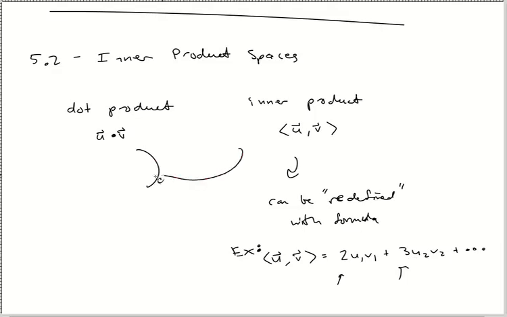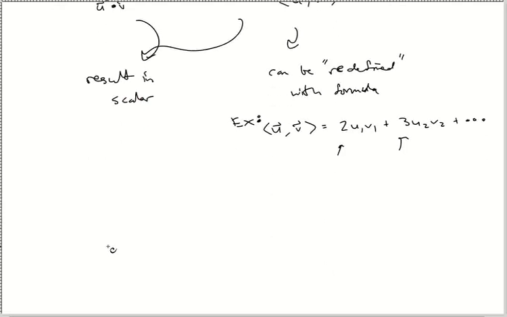Both of these result in a scalar. Okay, that's a big one. They result in a scalar, just a number of some kind. So let me give you some definitions. These are not properties, apparently. These are definitions of an inner product. We will use these here in just a second.